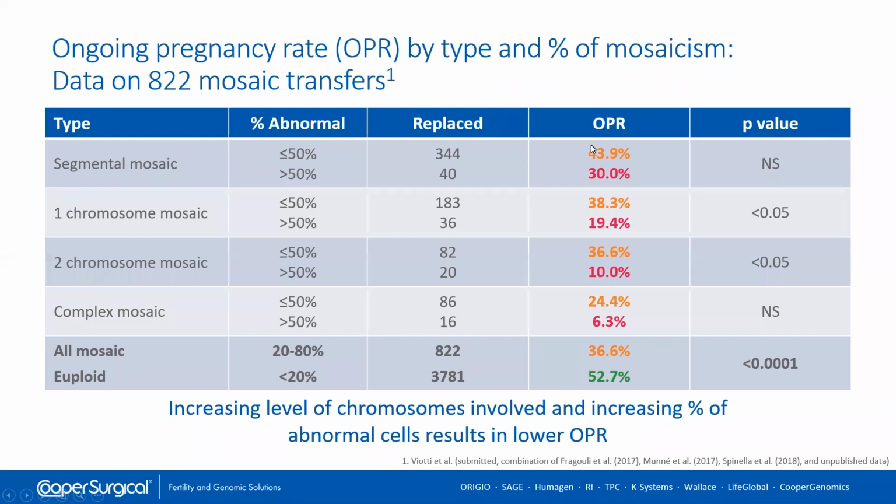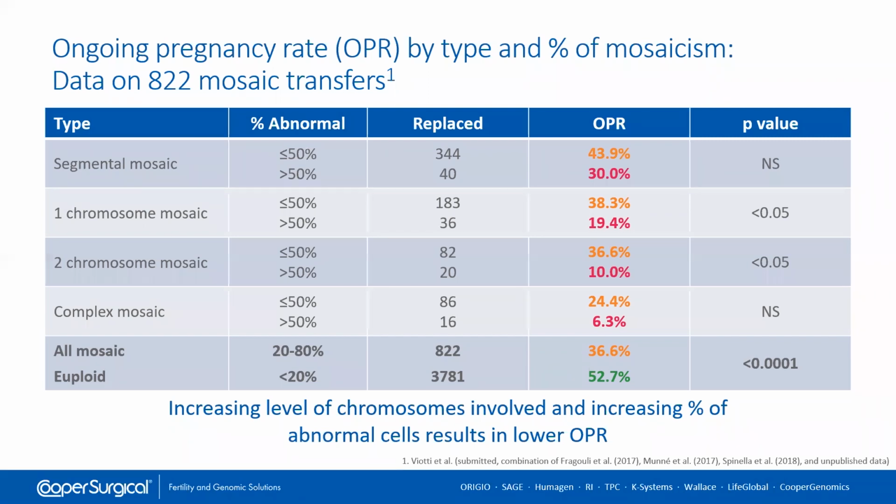So if we look at the segmental mosaic, a partial chromosome, there was 43.9% ongoing pregnancy rate for the low level, and then 30% for the higher level. Not significant, it could just be the sample size, but a definite trend, even with the segmental, that the higher the load, the lower the chance of success.